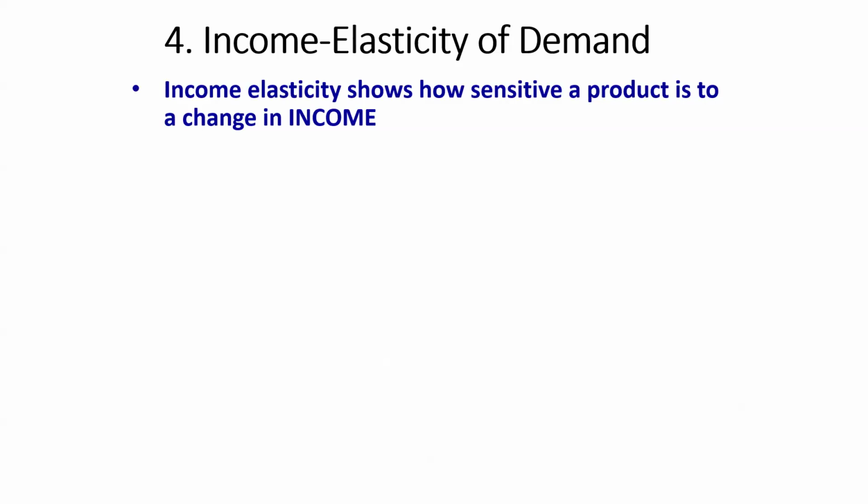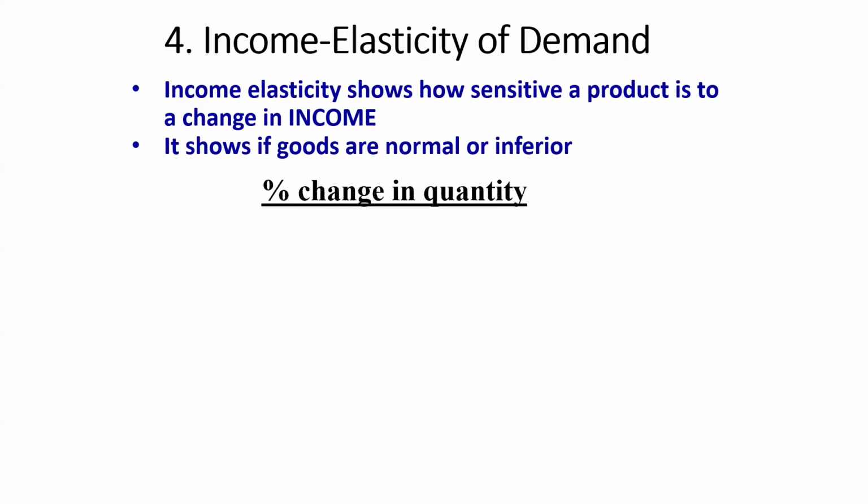If the question does not have income in it, it does not matter if it's a normal good or not. I can't emphasize enough reading carefully. It's either normal or inferior, that's all it shows. Percent change in quantity over percent change in income.